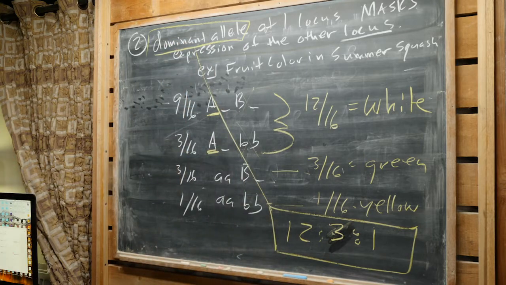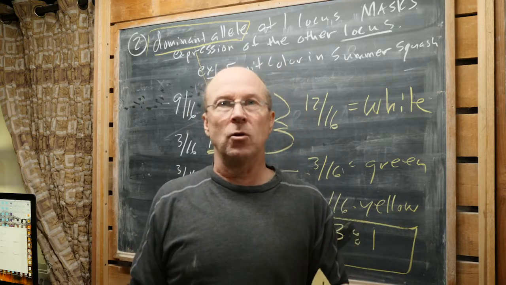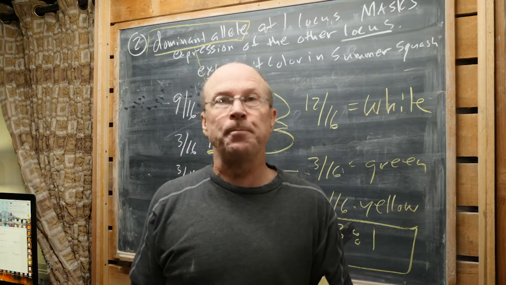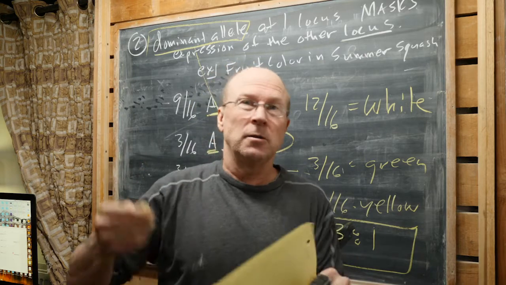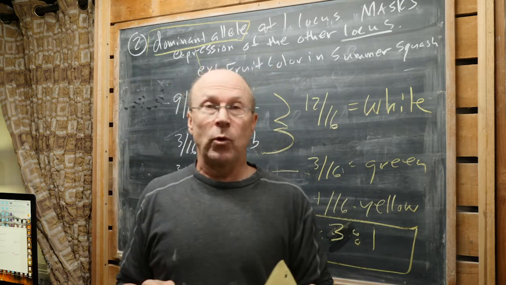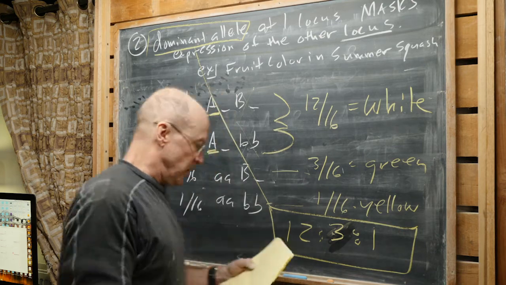That's great. So now we have 9:3:3:1, dihybrid cross, independent loci, complete dominance. And then we have epistasis example number 1, a 9:3:4, and now we have a 12:3:1 predicted ratio.